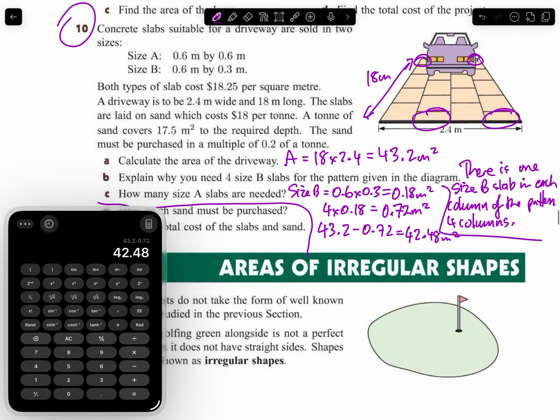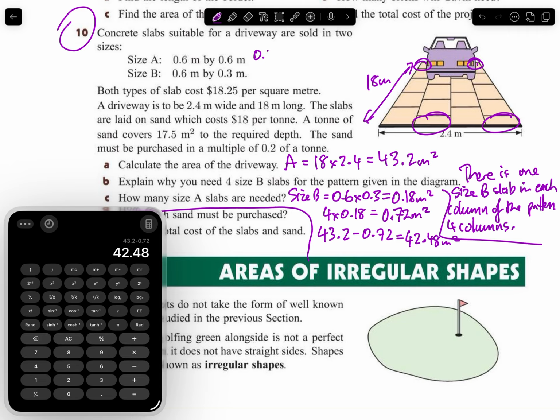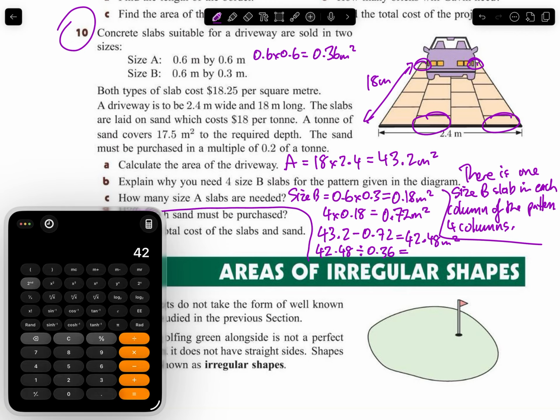Size A slabs is 0.6 times 0.6, which is 0.36 square meters. So how many size A slabs are needed? 42.48 divided by 0.36 is 118 size A slabs needed.